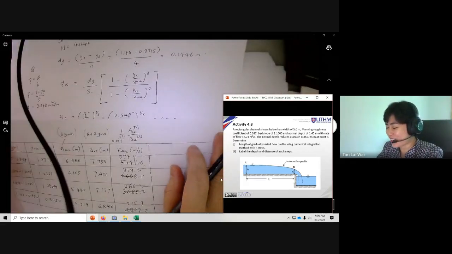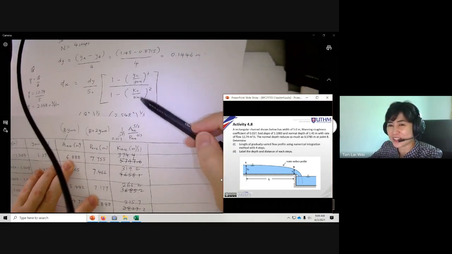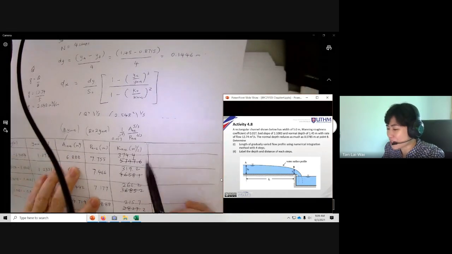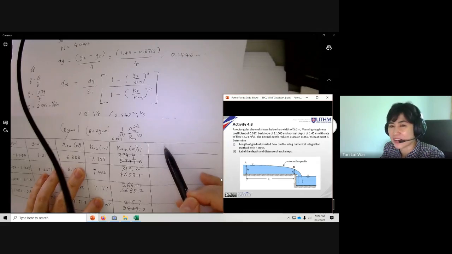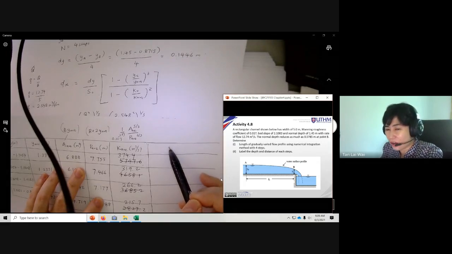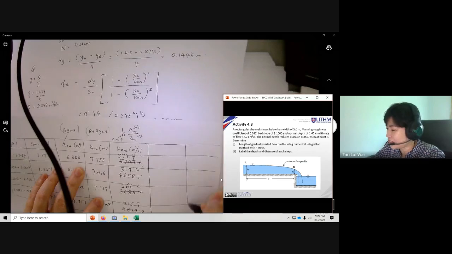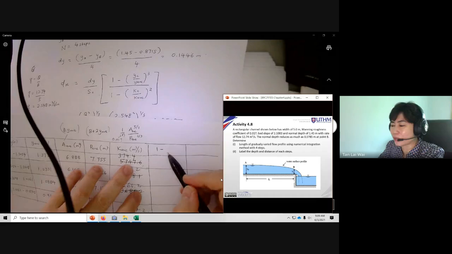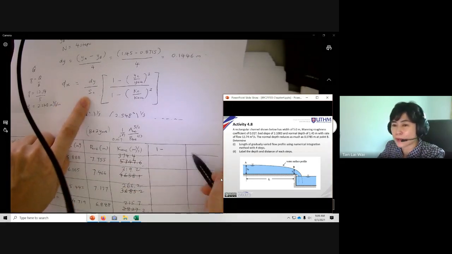Once you have it right, the next step is you already have all these values. To make life easier, you can calculate straight away. You can calculate for dx. Or if you want to make sure you don't have any mistake, find this first. I don't mind if you skip and get dx straight away, or skip these two columns.